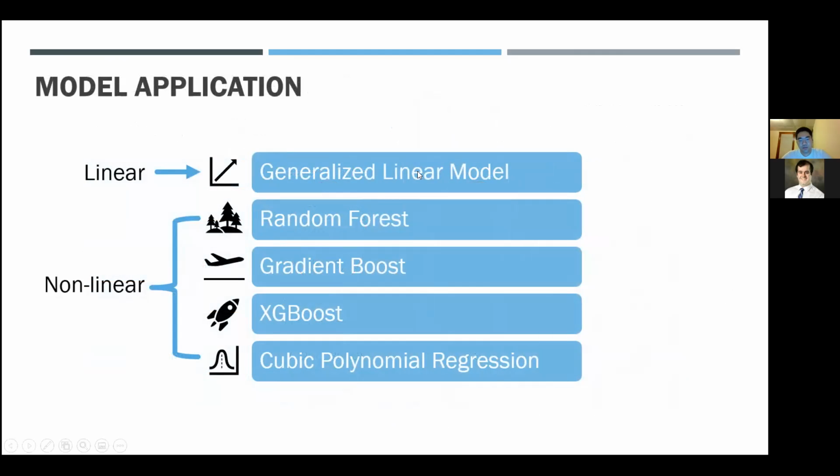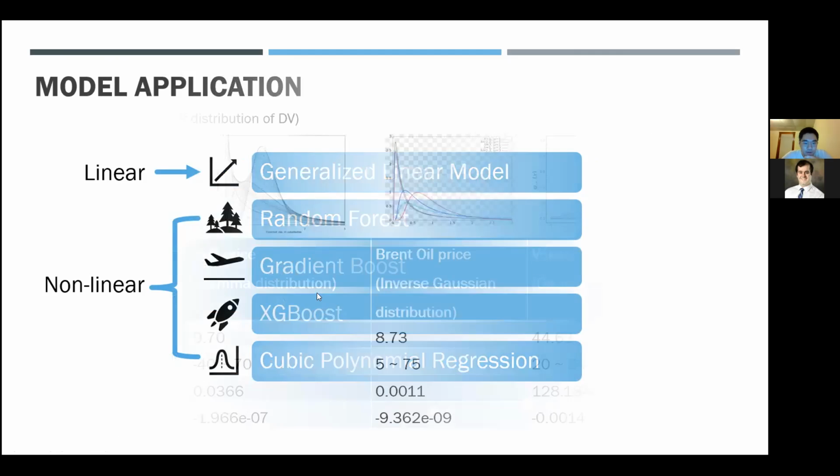Then we did regression analysis to detect what kinds of impact it has. For linear model, we have GLM, and for nonlinear model, we have random forest, gradient boost, XGBoost, and cubic polynomial regression. Let's see GLM first.